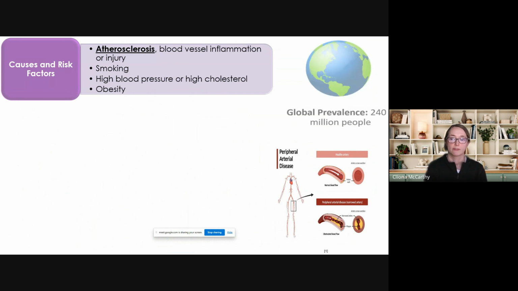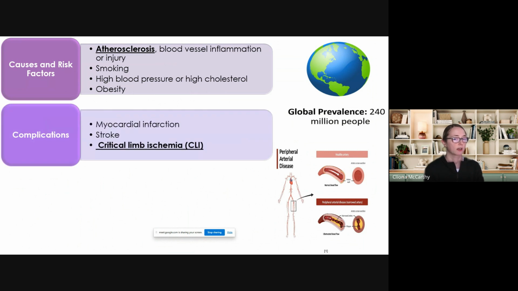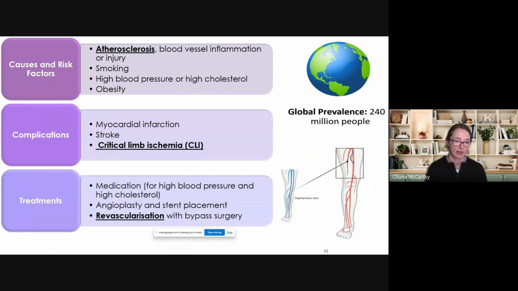There's a global prevalence of 240 million people worldwide who are affected by peripheral arterial disease. It can be caused by smoking, high blood pressure, high cholesterol, or obesity. It has a lot of complications, some very, very serious ones, including myocardial infarction, stroke, and critical limb ischemia, where your limbs are at risk of being amputated if blood flow cannot be restored to these areas.